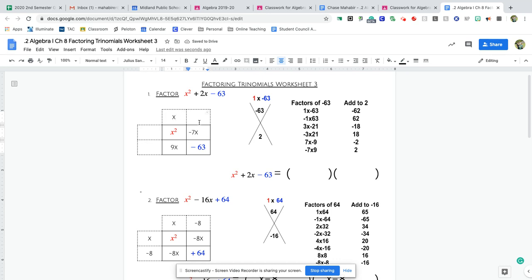My greatest common factor over here is going to be negative 7. Greatest common factor of x squared and 7x is going to be x. Greatest common factor here is going to be positive 9. Okay, so I'm going to type my x minus 7 into my answer and my x plus 9 into my answer.